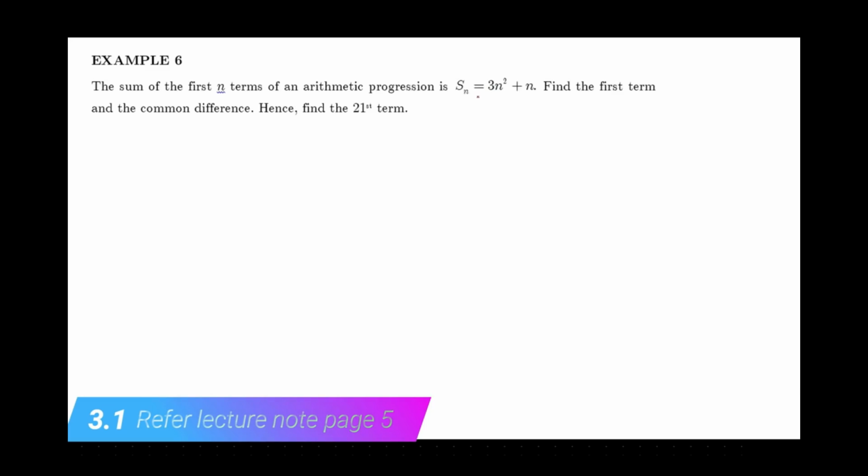Moving on to the next example, example 6. The sum of the first n terms of an A progression is given by Sn equals 3n squared plus n. Find the first term and the common difference, and hence the 21st term.